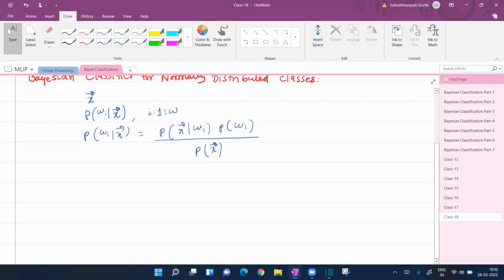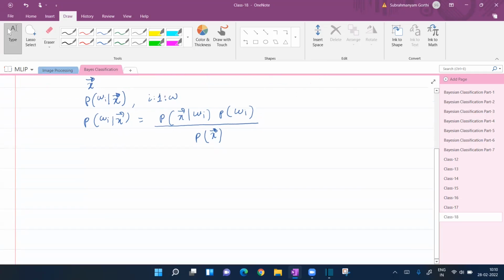That's a constant across all classes. So what you do is compute that I which maximizes probability of x bar given omega I into probability of omega I. So this is what we are going to maximize.